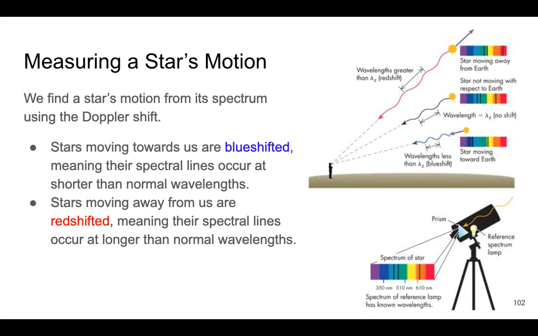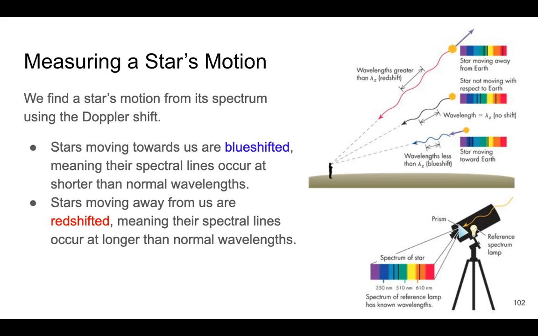So we measure a star's motion using its Doppler shift, at least some kinds of motion. If the star is moving directly towards you, and some stars are, those stars are called blue shifted, which means when you look at its spectra, you see the certain pattern of lines, and you can figure out that star's spectral type, but the lines are going to be shifted a little bit.